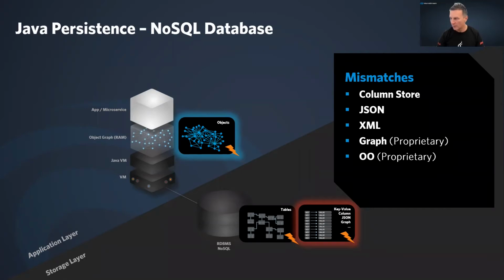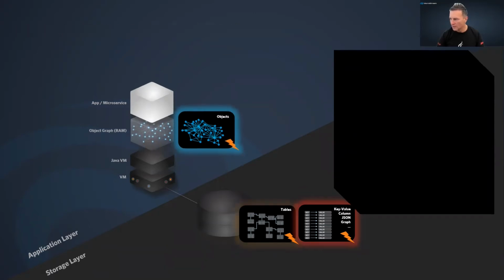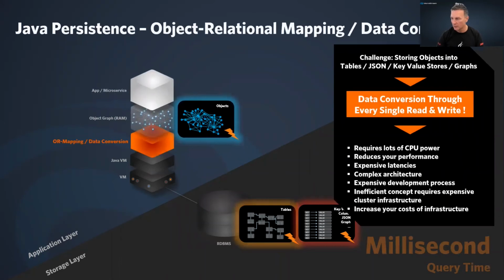So we need a mapping here as well, and I think this is also the reason why object-oriented databases are not really popular in practice. This is a concept from the 1990s, and it's not relevant in practice so far. It's because of the differences and the trade-offs when we use Java.